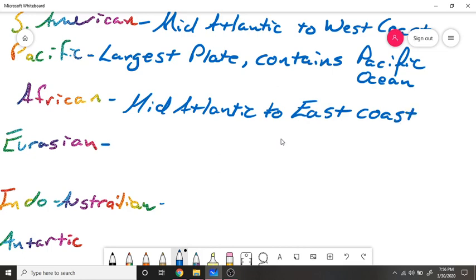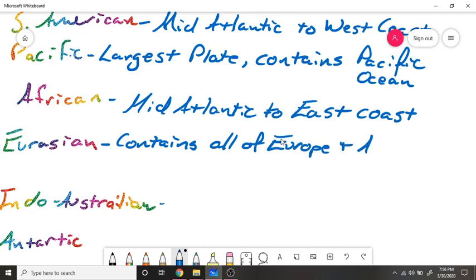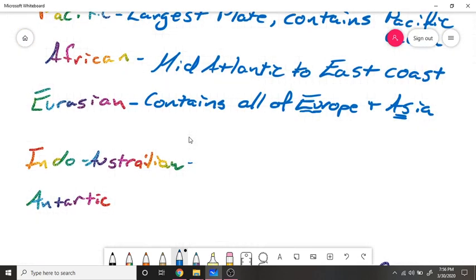The Eurasian plate contains all of Europe and Asia, hence the name Eurasia, and some of the ocean around it.